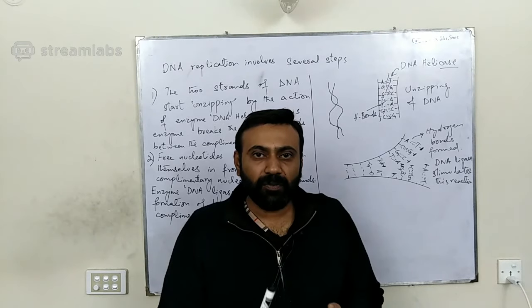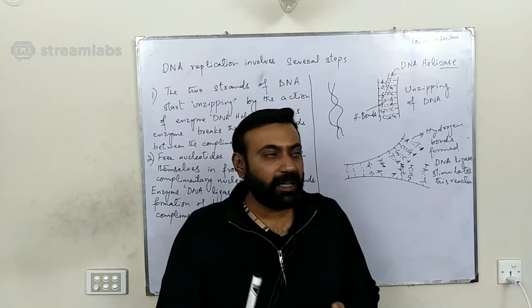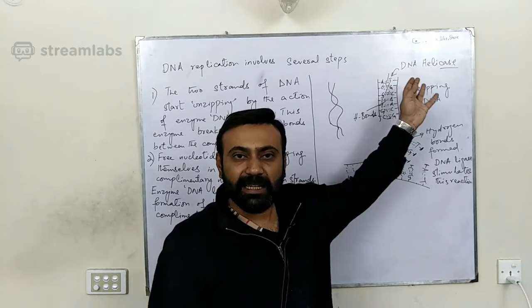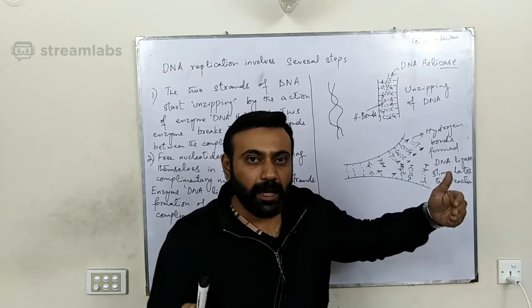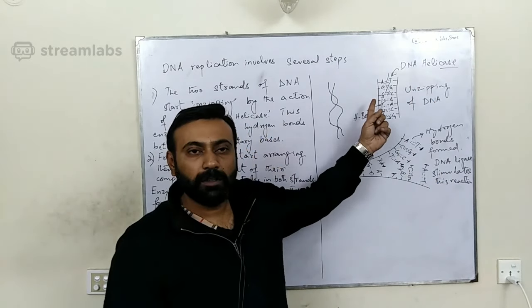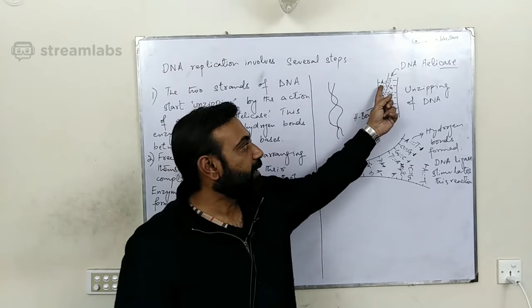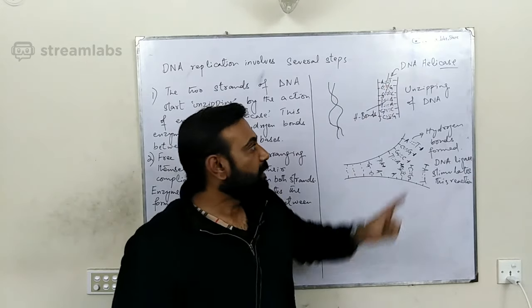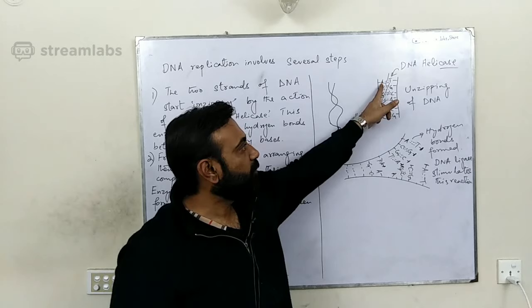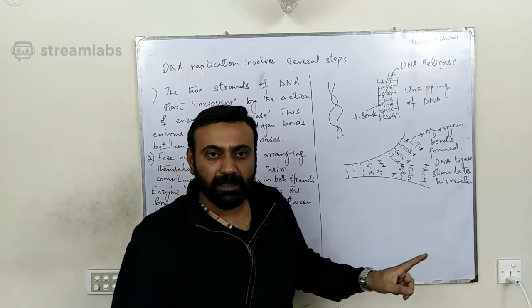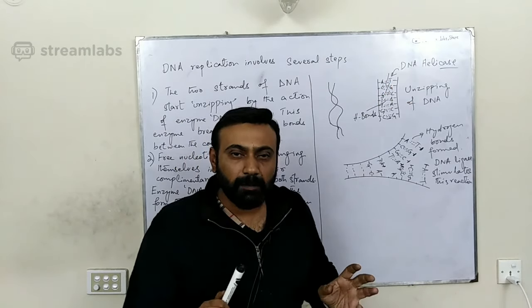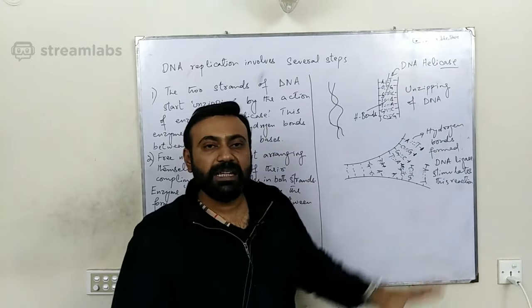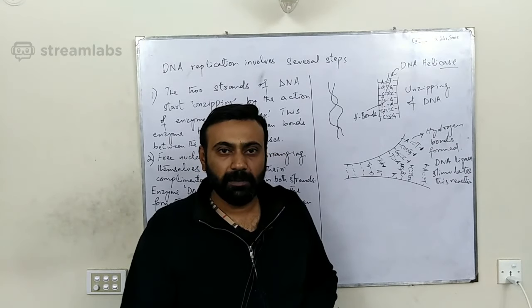So what type of reaction is sped up by DNA helicase? It is the breaking of the hydrogen bonds between complementary bases. Like these two hydrogen bonds between this adenine and this thymine can be broken in the presence of the DNA helicase enzyme.